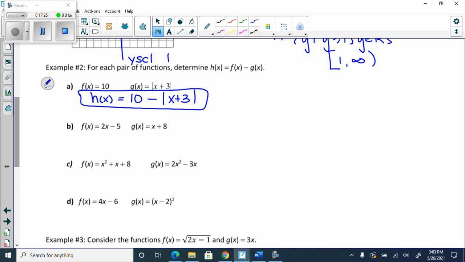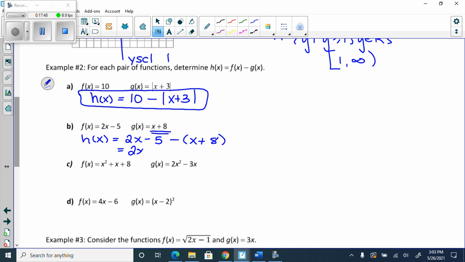Okay. With B here, with g we actually have a two-term situation. So h of x equals f of x, which is 2x minus 5. But what we have to remember to do is subtract all of g of x, not just the start of it. So we have to make sure we have it in brackets.